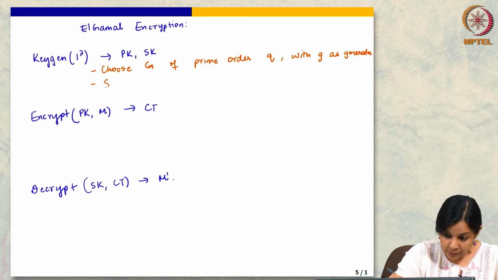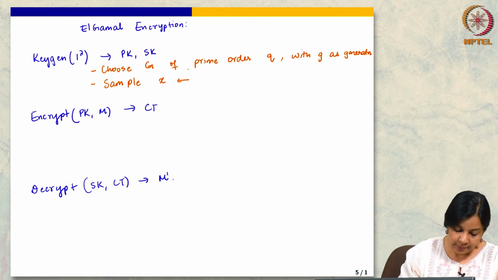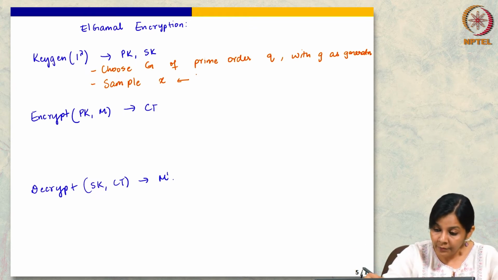Now, sample X. Wonder if I should give it a different name. Okay, I guess it does not matter. So now sample x from Z_q.